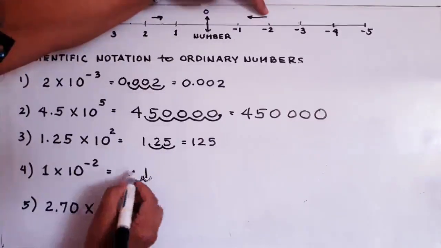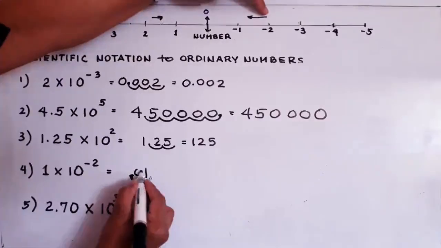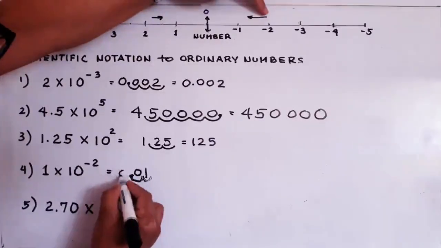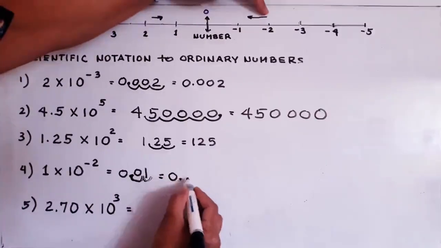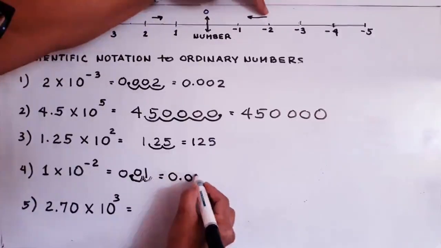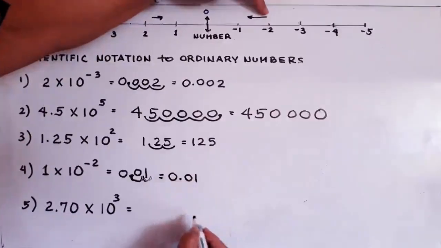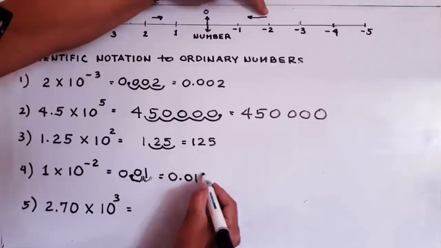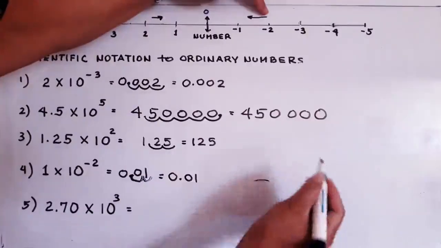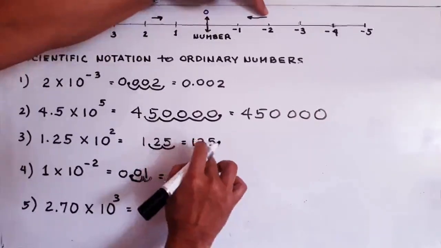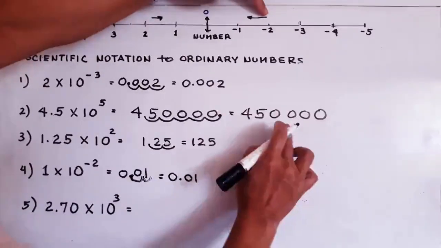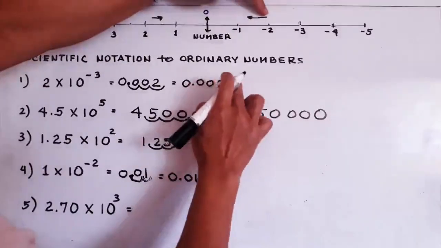Decimal point here. And then you place 0 there, and then place another 0 here. The 0 is counted. And then 1. Do you want to add 0? Yes, you can add 0s. It doesn't matter. Here, do not add 0 because it will become 1250. Here, you can add 0.